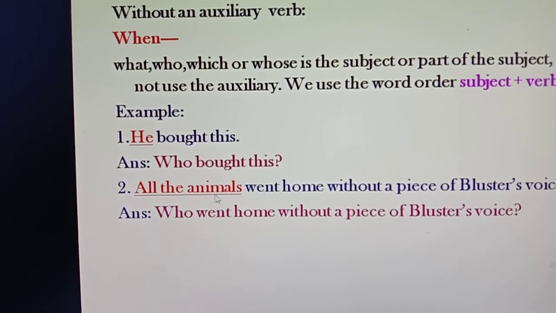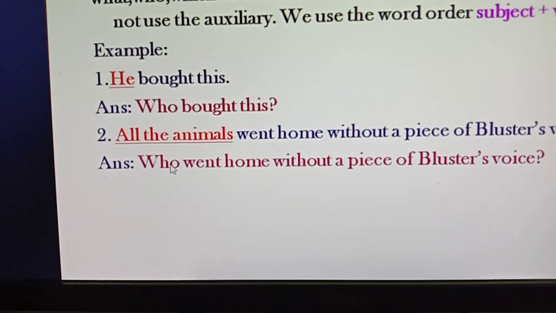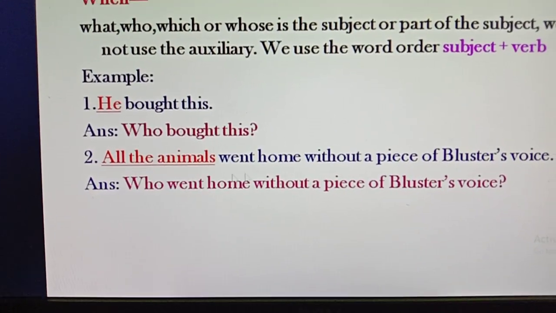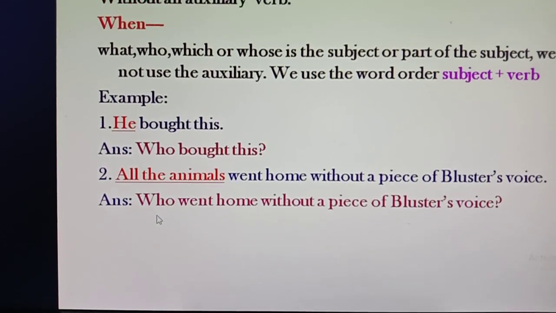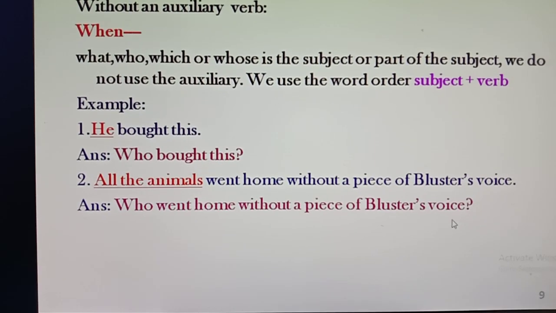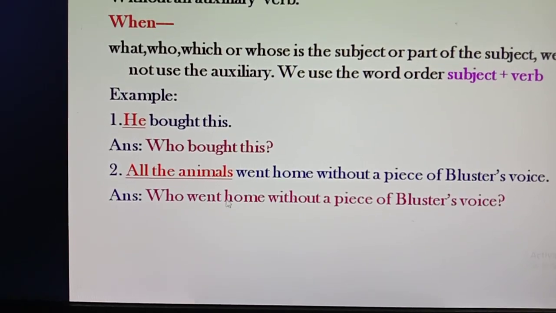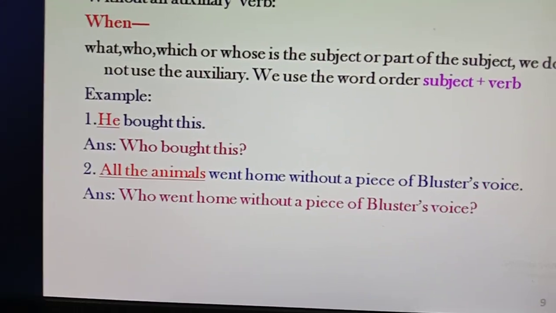So all the animals is the subject in this sentence, and you can see who becomes the subject of this sentence. So that's why who is the subject. We are not going to use any auxiliary verb here. So here we are going to use who went home without a piece of Bluster's voice. So who as the subject, that's why you are going to use the verb here directly. You need not bring any auxiliary verb here.